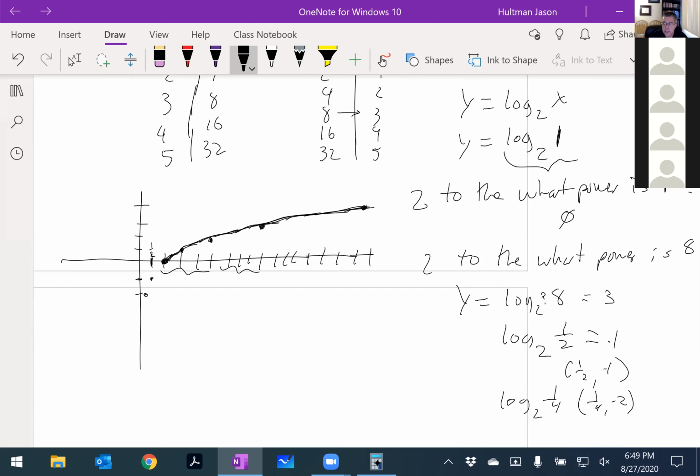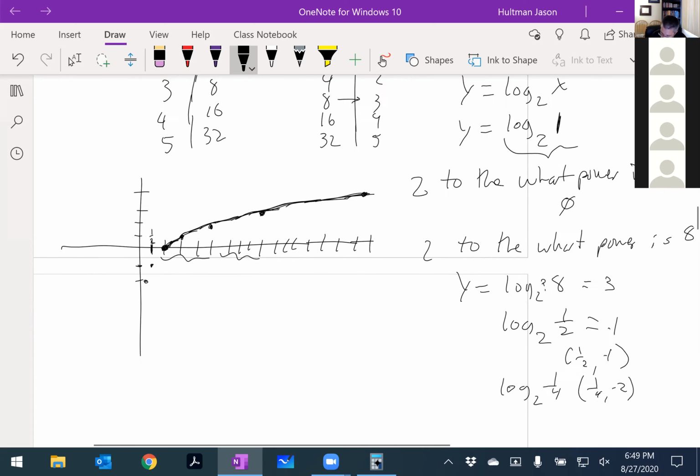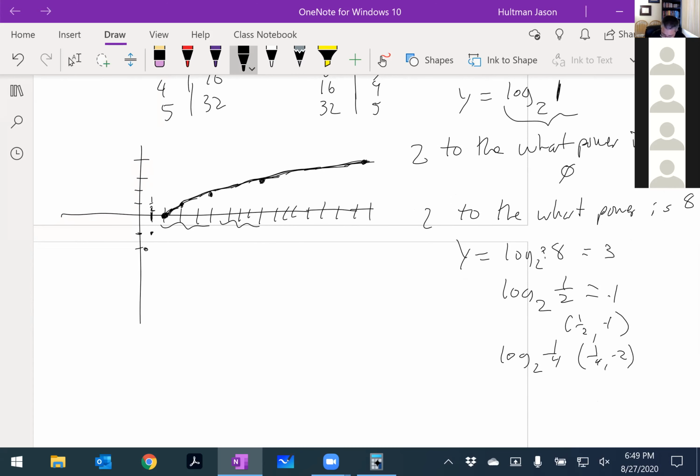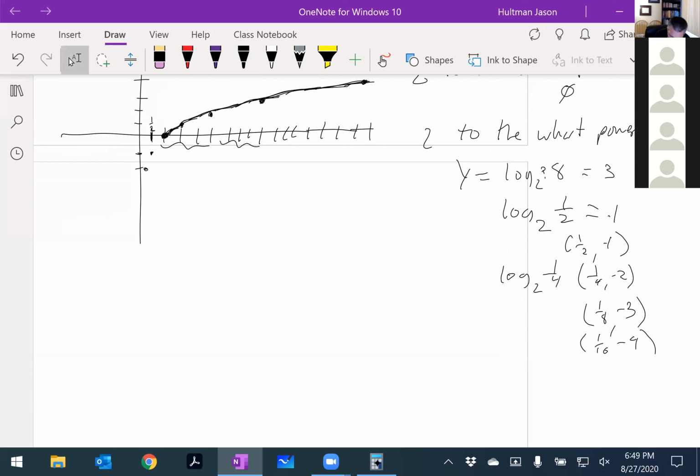No. As the y values go down, -3 is going to be 1/8, and then -4 is going to be 1/16, and so on and so forth, right? So I'm just getting a curve that's increasingly approaching 0, but it will never get to 0.